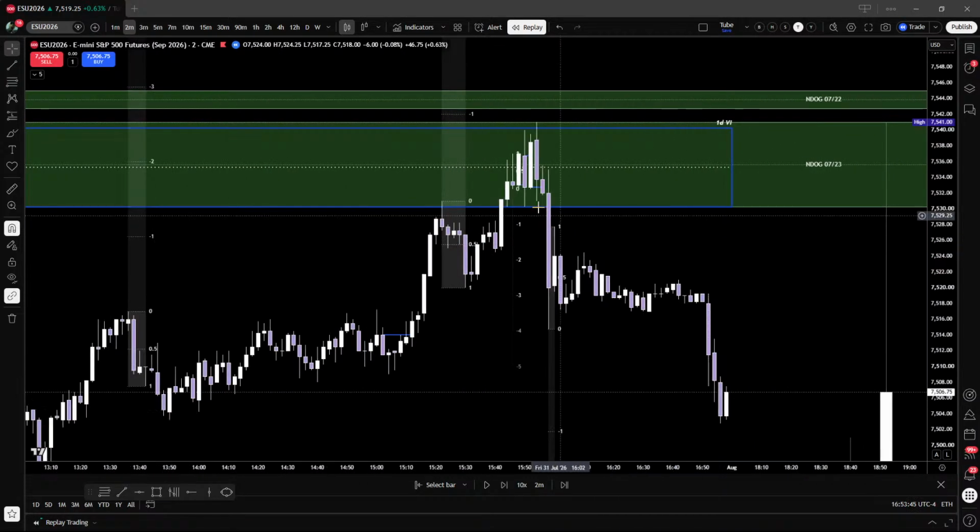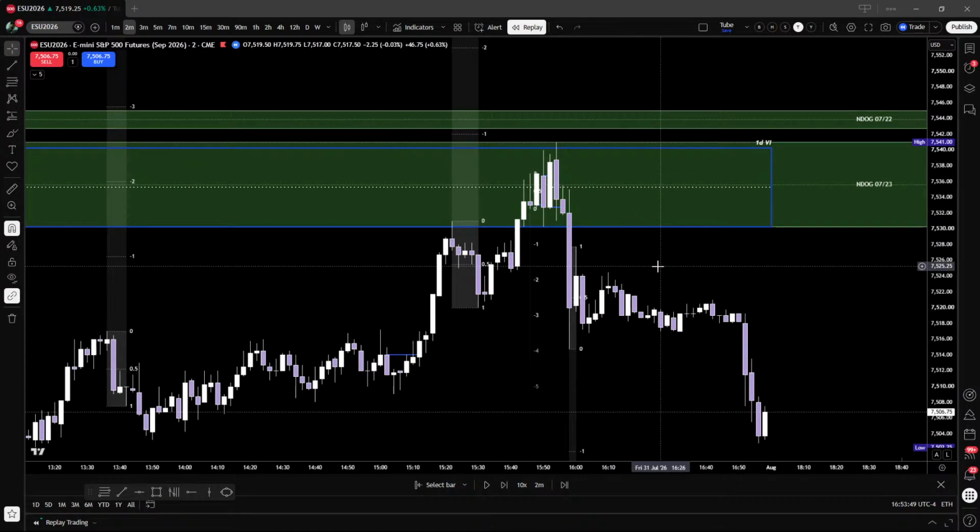So this is an example of the fast move. What is this really here? We have one move up and then down, then one more, it's like a double top.